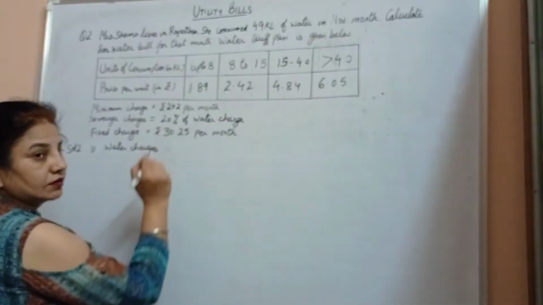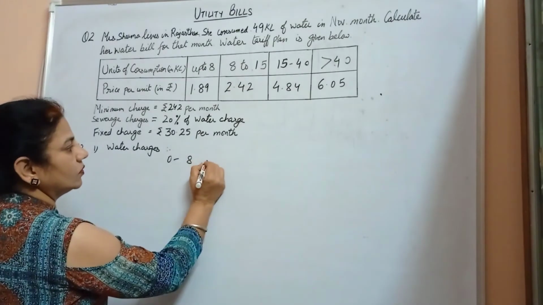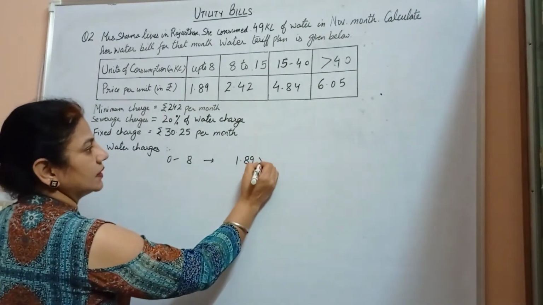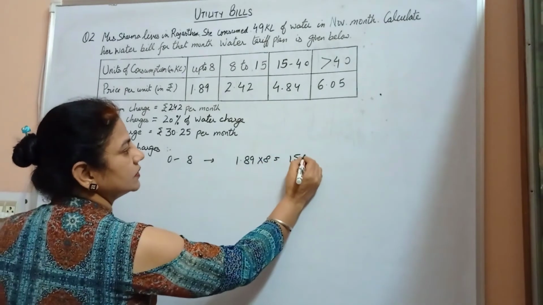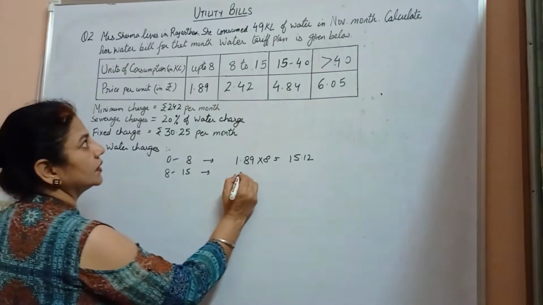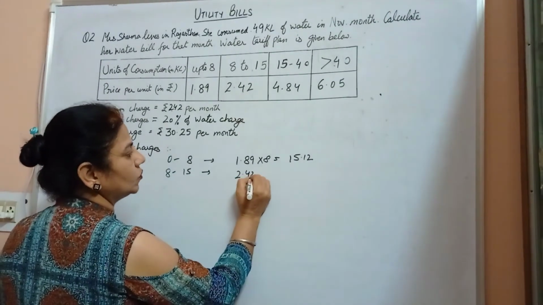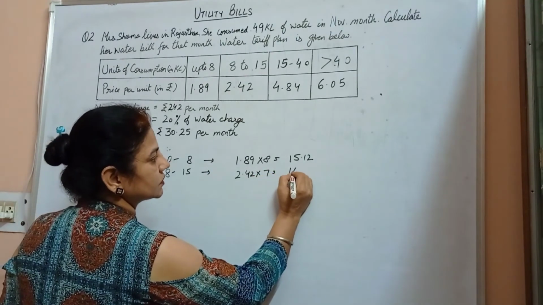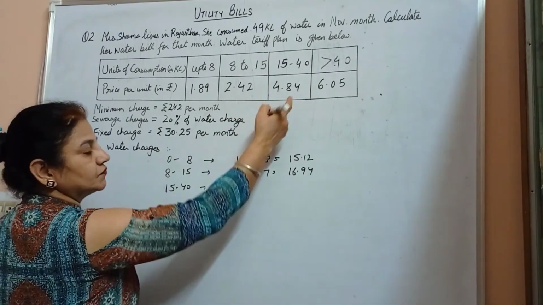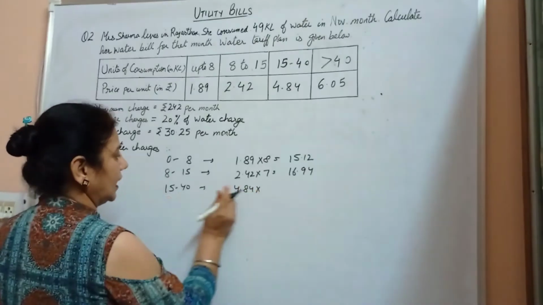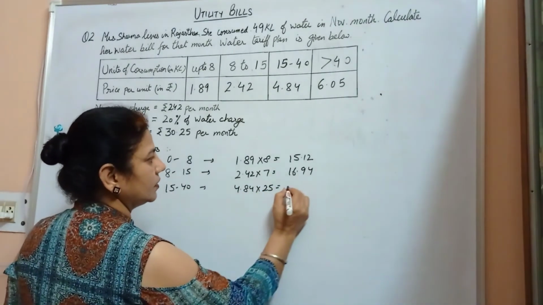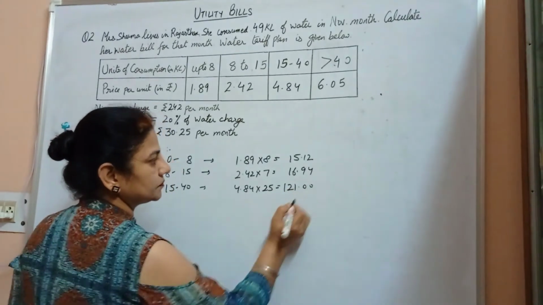Water charges up to 8, that means 0 to 8 kiloliters, is 1 rupee 89 paisa into 8 kiloliters, which is 15 rupees 12 paisa. Then from 8 to 15 kiloliters, the cost is 2 rupees 42 paisa into 7 kiloliters, which is 16 rupees 94 paisa. For 15 to 40, the cost is 4 rupees 84 paisa and this is 25 kiloliters, so into 25 comes out to be 121 rupees.